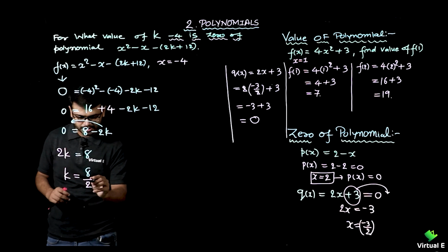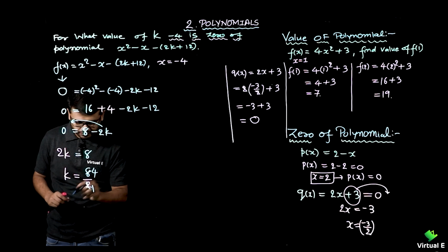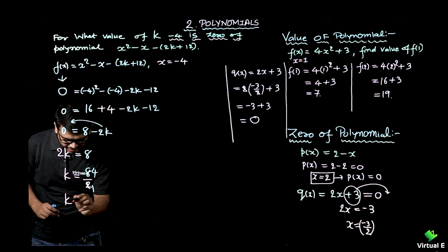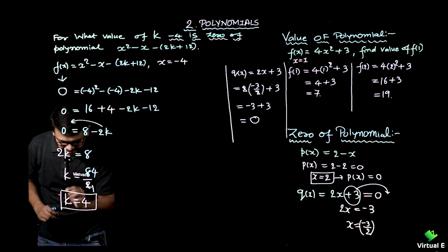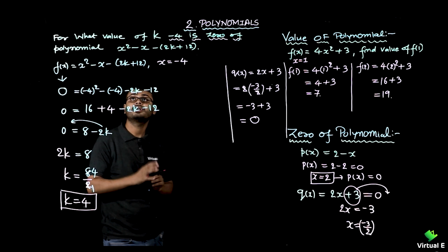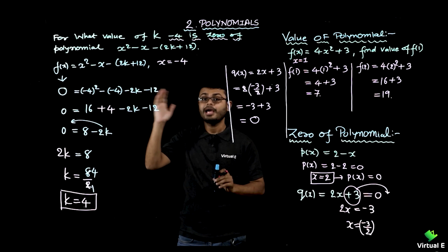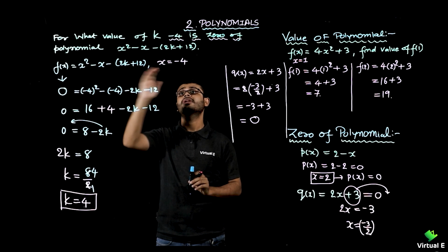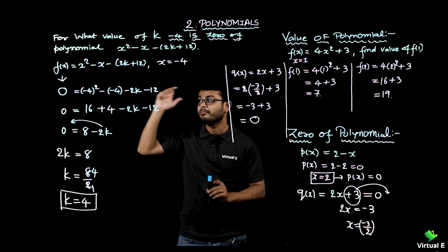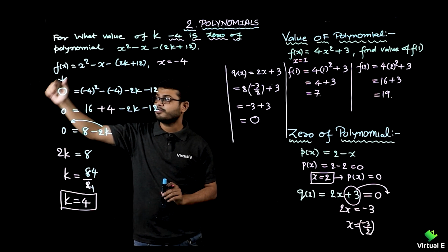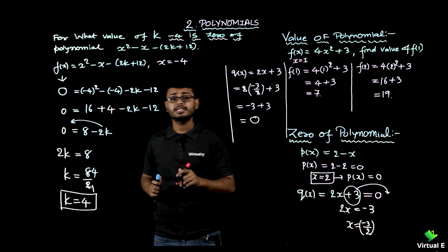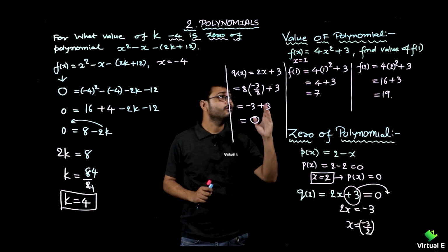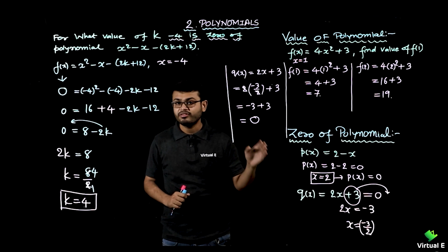If I do cancellation, 1s and 4s, so the value of k is 4. This means that if I take k = 4 in this equation, and if I substitute x = -4, my value of the polynomial will become 0, right? So this is the concept of value of polynomial and zero of polynomial.